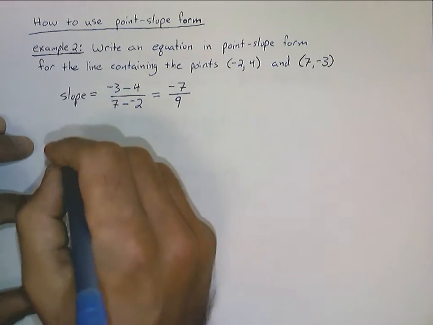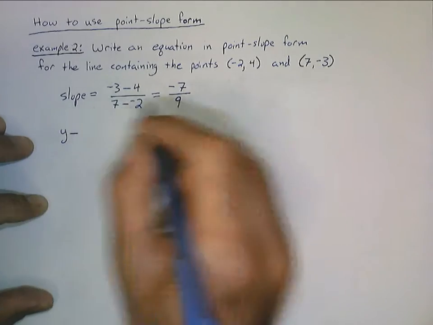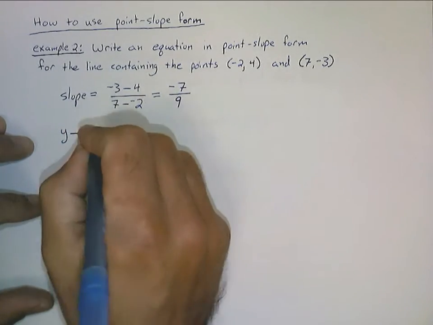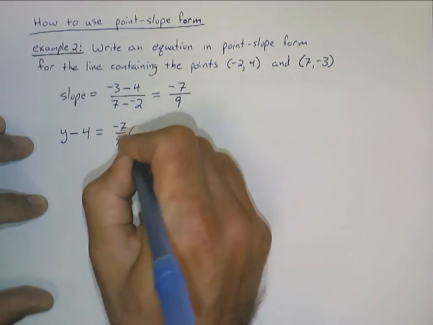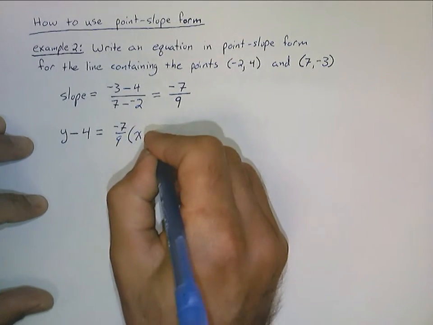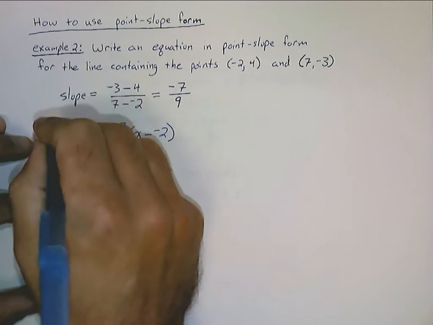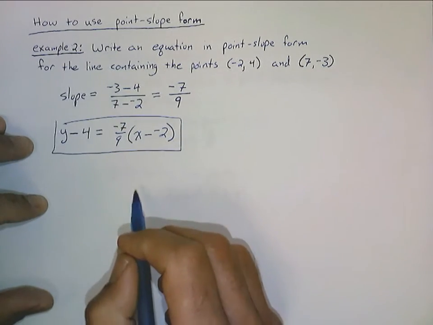If we want to do the old school version, we'll take this point here and we say y minus the y-coordinate that we know is on the line equals the slope, -7/9, times the quantity of x minus the x-coordinate of that point that we know is on the line. So that's the old school version using this point.